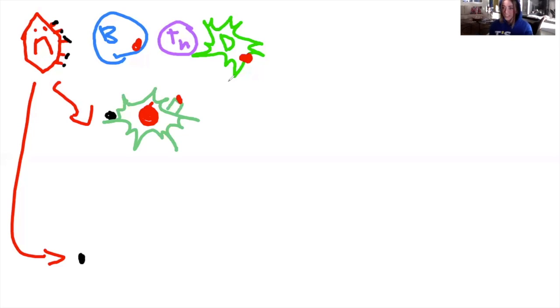Yeah, so it's displayed on this platform, and that's where the T cells come in. So the T cells come in, and they're looking around for anything they would deem weird. But the thing about T cells, this is the key I was talking about, is that they have very specific receptors. I'm so bad at drawing.